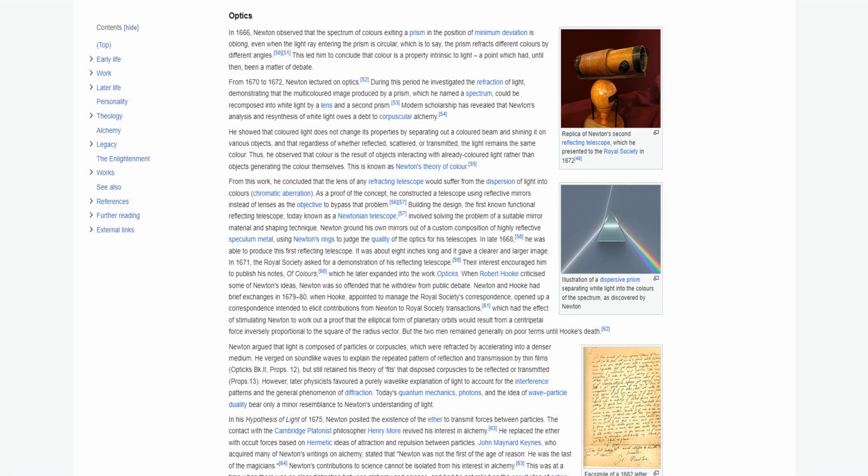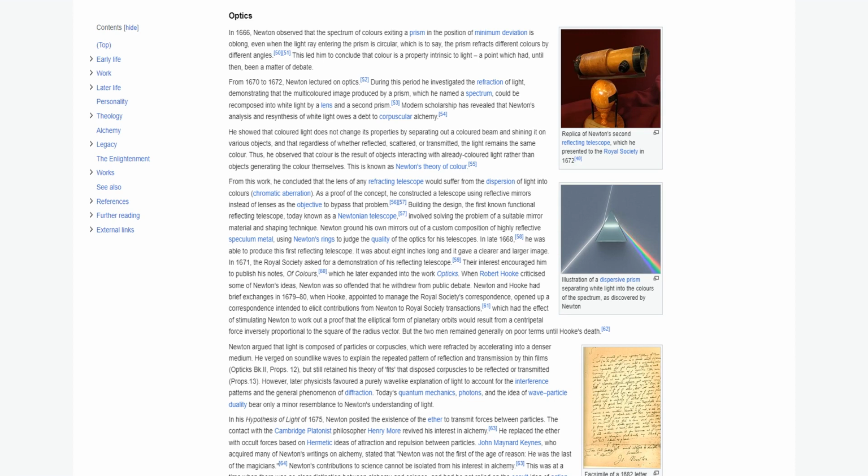He showed that colored light does not change its properties by separating out a colored beam and shining it on various objects, and that regardless of whether reflected, scattered, or transmitted, the light remains the same color. Thus, he observed that color is the result of objects interacting with already colored light rather than objects generating the color themselves. This is known as Newton's theory of color.